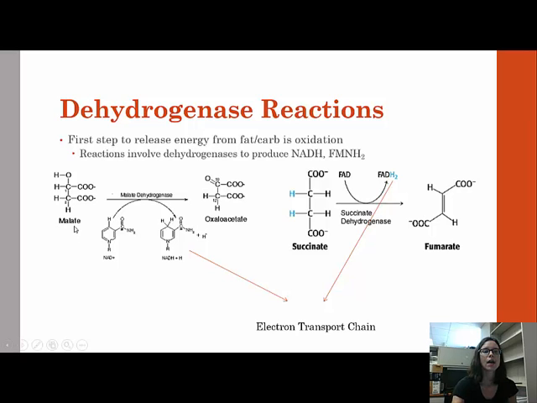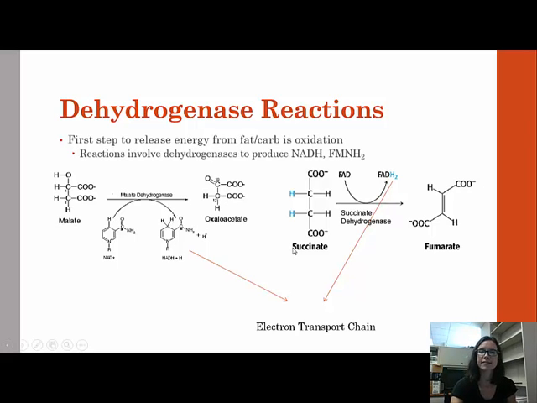Malate donates its hydrogens to this electron acceptor. So in the process, NAD is reduced because it accepts the electrons and the hydrogens. And malate is oxidized because it loses the electrons and hydrogens. And then NADH can go to the electron transport chain to create energy.